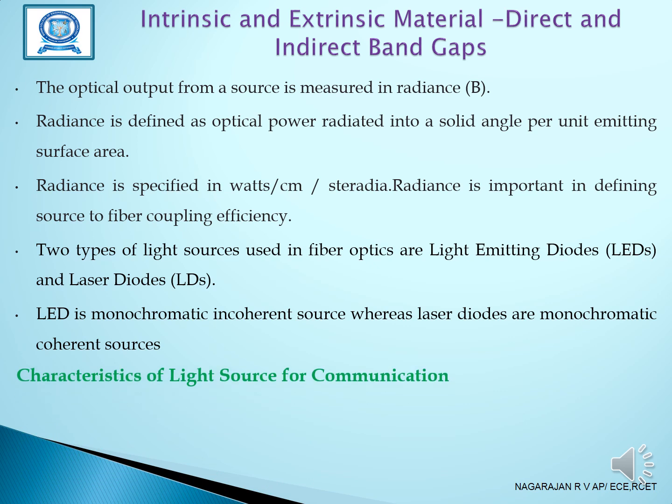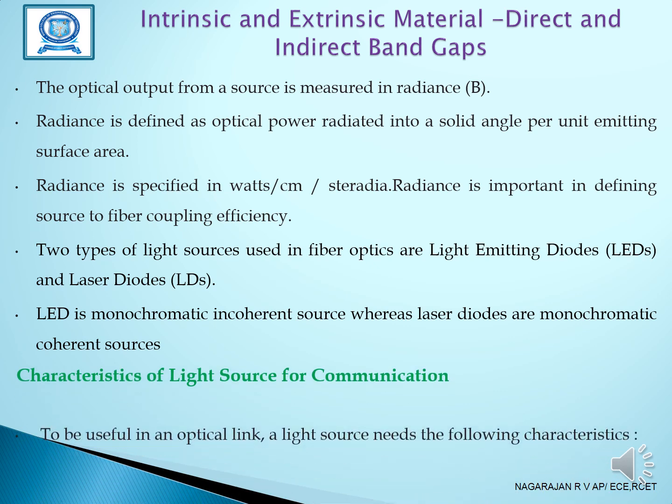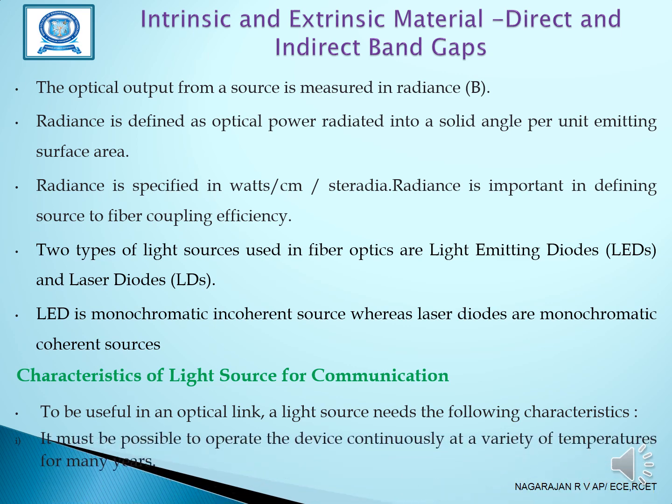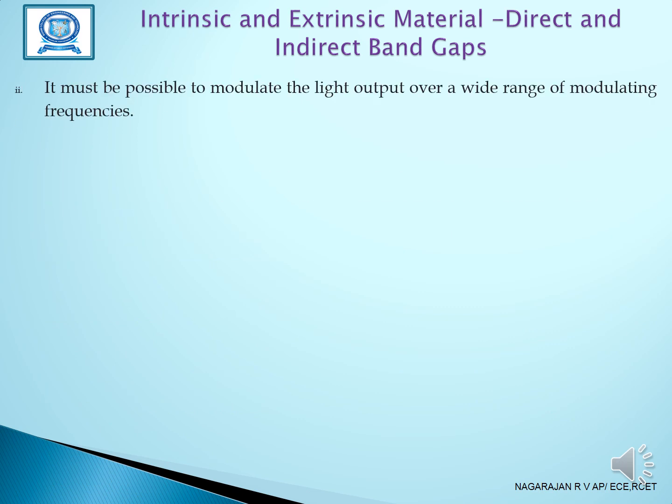Characteristics of a light source for communication. To be useful in an optical link, the light source needs the following characteristics. It must be possible to operate the device continuously at a variety of temperatures for many years. It must be possible to modulate the light output over a wide range of modulating frequencies.